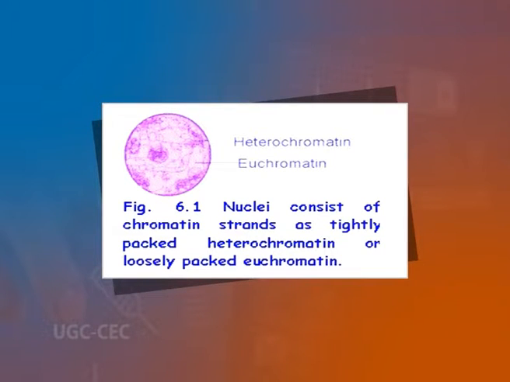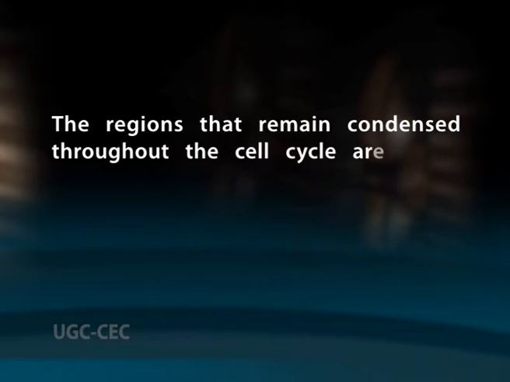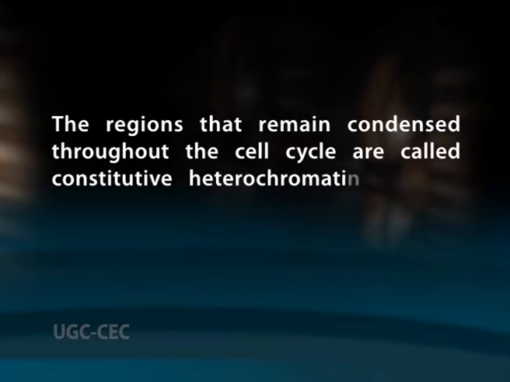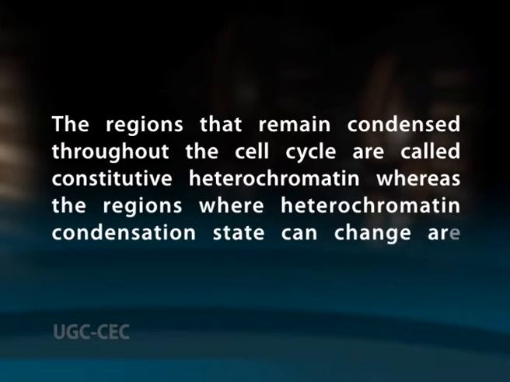They contain a high density of repetitive DNA found at centromeres and telomeres. Heterochromatin is of two types, the constitutive and facultative heterochromatin. The regions that remain condensed throughout the cell cycle are called constitutive heterochromatin, whereas the regions where heterochromatin condensation state can change are known as facultative.